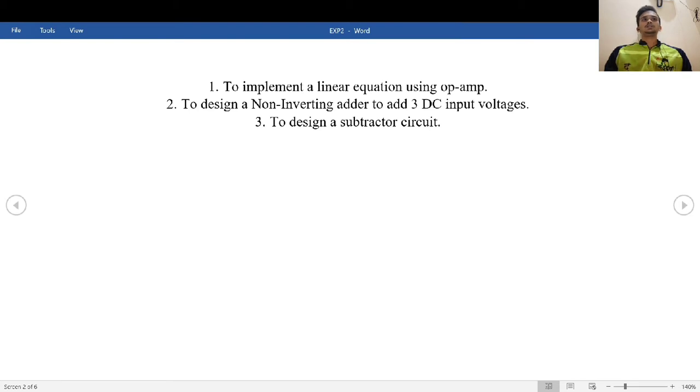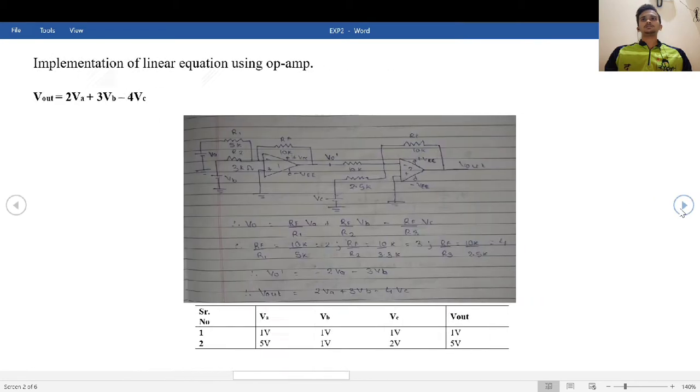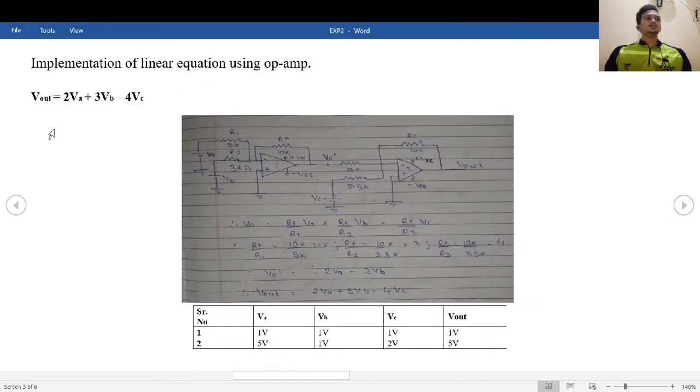First, let's see the linear equation using op-amp. The equation is given as Vout equals 2VA plus 3VB minus 4VC. Here we'll require two op-amps. Both the op-amps will be in inverting configuration.